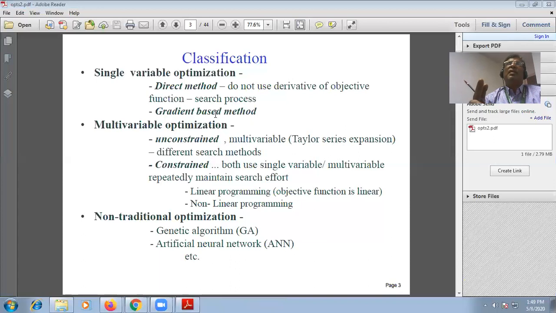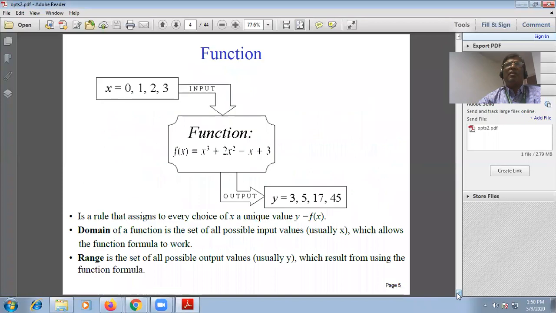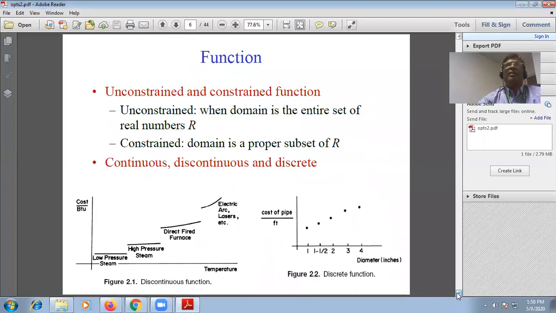So in single variable optimization, we have two methods. One is direct method, another is gradient based method. And multivariable optimization, non-traditional optimization, these are the parts of your syllabus for the next lecture.